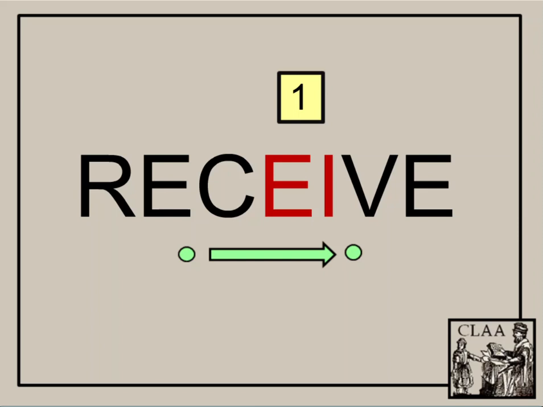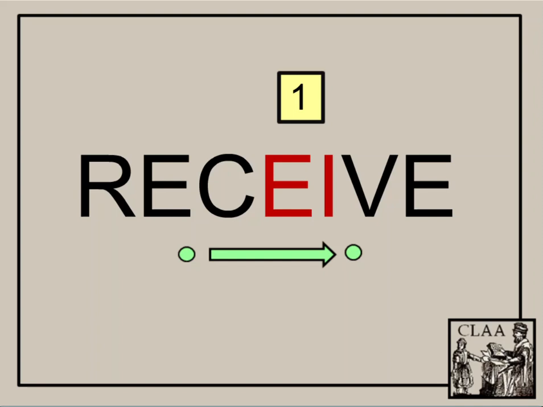Look carefully at this word and you'll see something a little bit different. You'll see that in red we have a digraph, but it's not the digraph IE. Here, the digraph is EI.